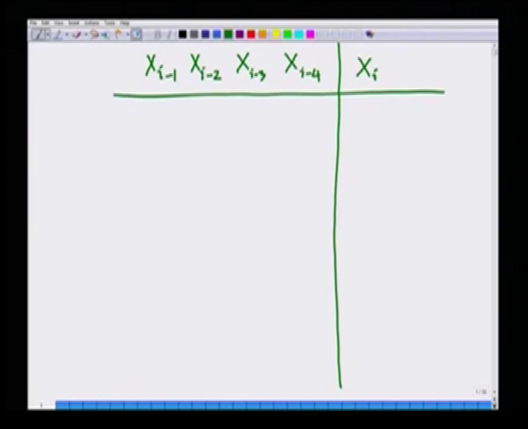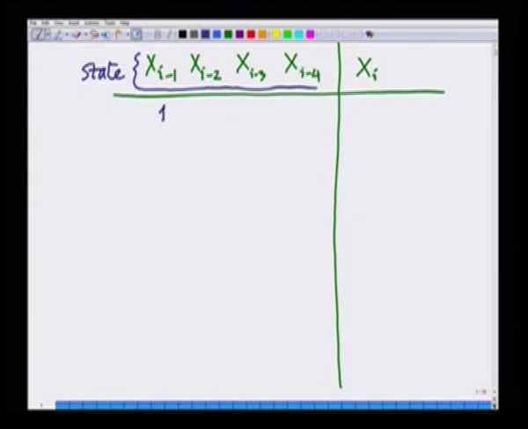Okay. So, this xi minus 2, xi minus 3, xi minus 4, they are also known as the state of the linear feedback shift register.